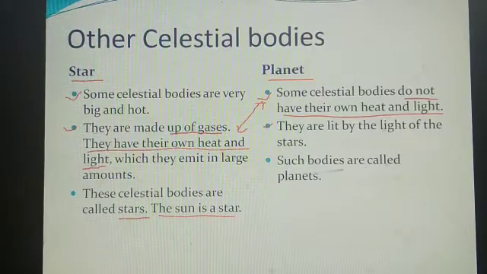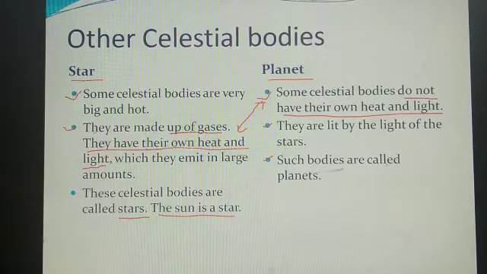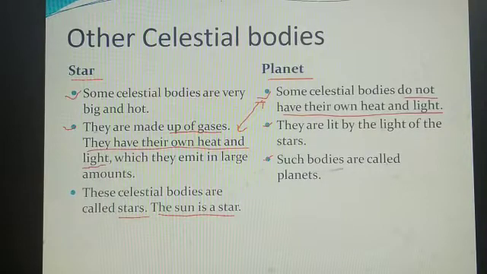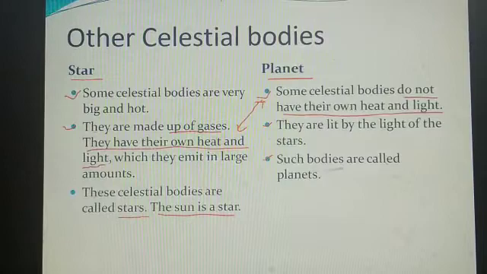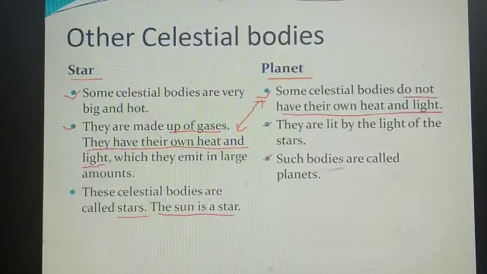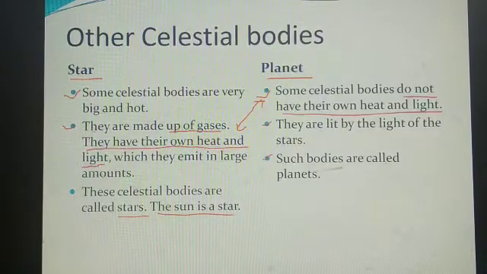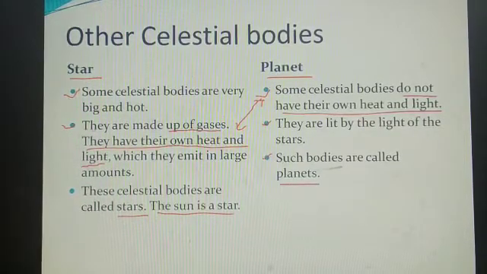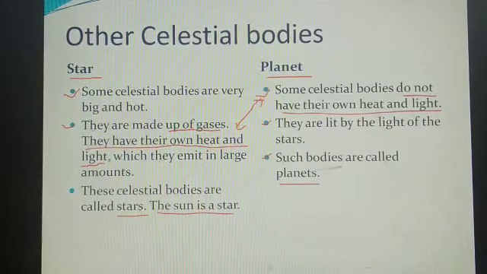Such bodies are called the what? Planet. That means those celestial bodies that do not have their own heat and light, and they get light from a star, they are called the what? Planet. So this is the difference between the star and the planet.